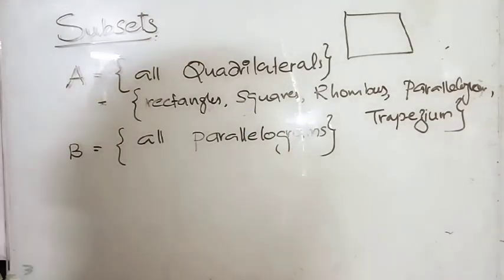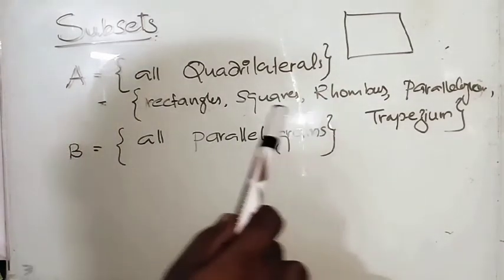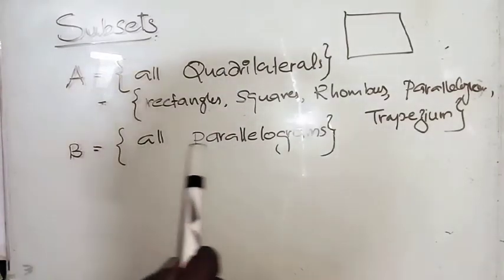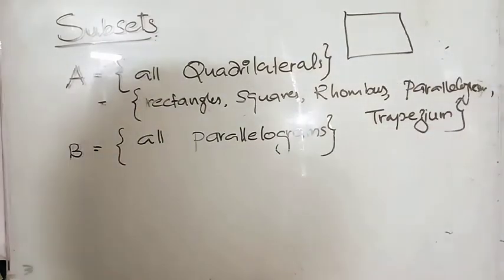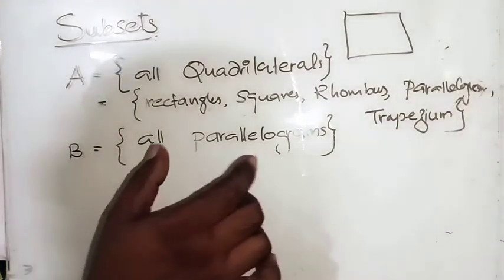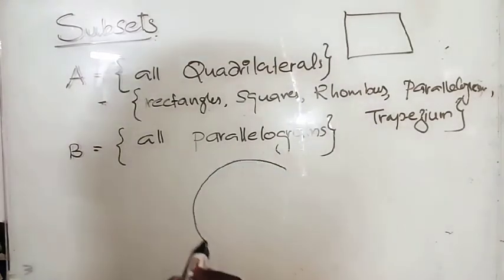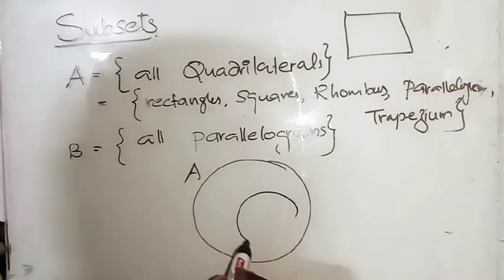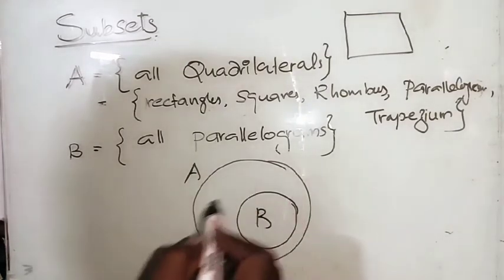Now when we consider set B, it is taken from set A, because set B is all parallelograms. Set B is completely within set A. If you draw a diagram, suppose this is set A, set B is within set A, nothing is outside.